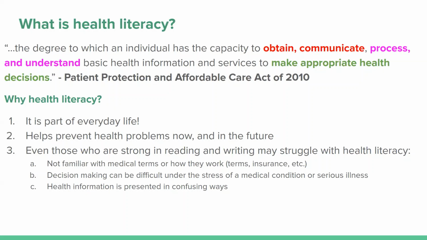The main portion is the part that's in red and purplish pink. We're going to go through those four parts of this definition in each of these slides today, so that you understand each part. The whole point of this definition is to show that when you obtain, communicate, process, and understand health information, it allows you to make informed health decisions for yourself.